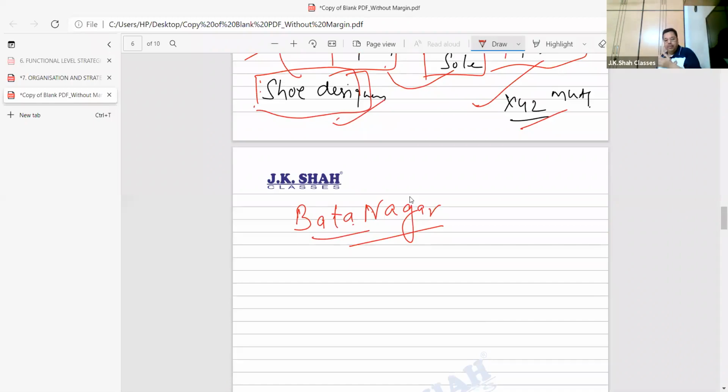Nagar means a place where people stay. Are you understanding? In Bata Nagar, there may be thousands of small hutments. The people who stay in those hutments do the work of leather products.